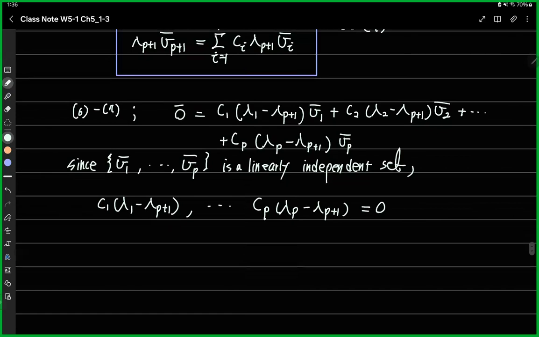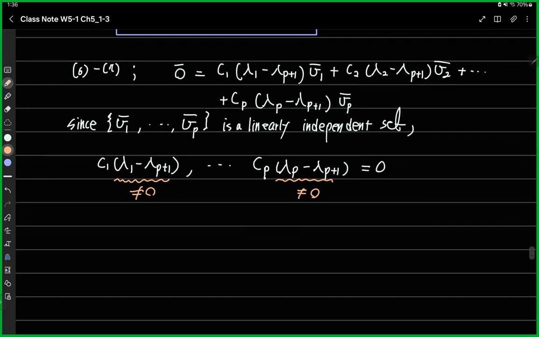But you know what? Lambda 1 to lambda P plus 1 are distinct. So this is not equal 0, right? That is not equal 0. And this one is not equal 0. So it means that what?